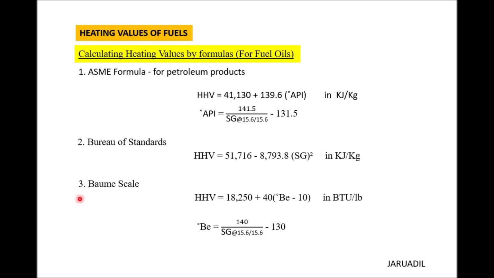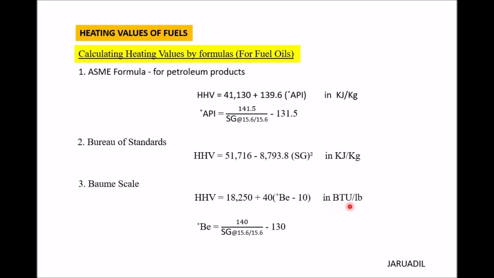So the other one which is requested by someone is the Baum scale. So I have not included this one in our previous discussion on heating values of fuels, especially for fuel oils. So in Baum scale, higher heating value is equal to 18,250 plus 40 times the quantity degree Baum minus 10.